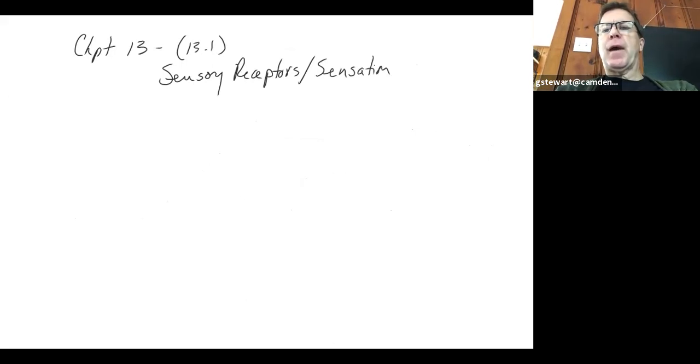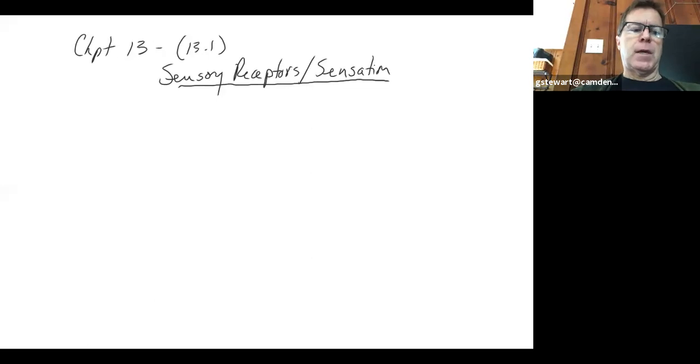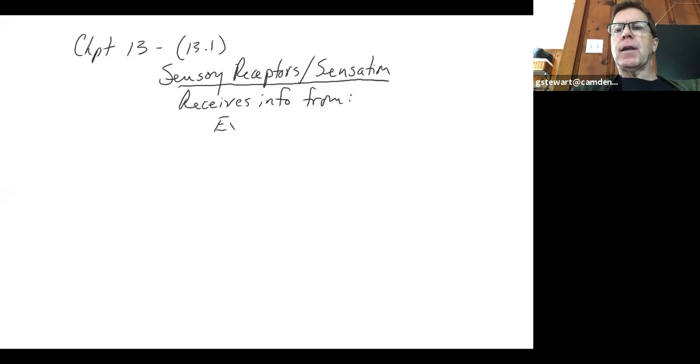The whole sensory pathway, that afferent part of our nervous system, is what we're talking about. And we know that we start with sensory receptors, both visceral and somatic, but we need to be a little bit more detailed than that in our descriptions. So this part of our nervous system receives information from, I'll talk about these in detail in a minute.